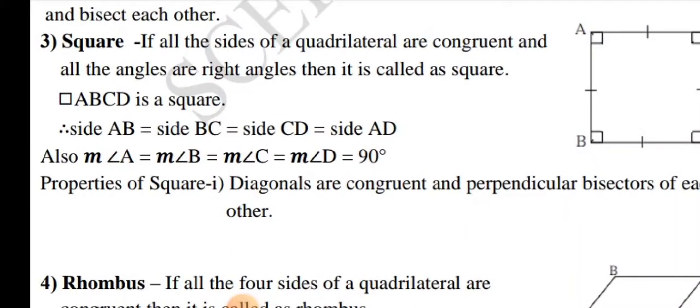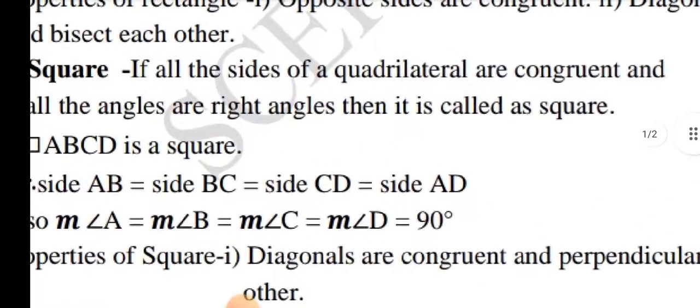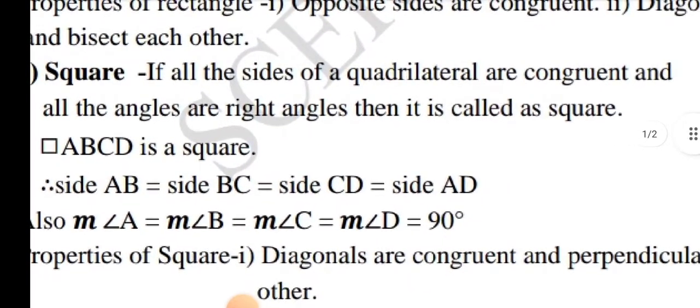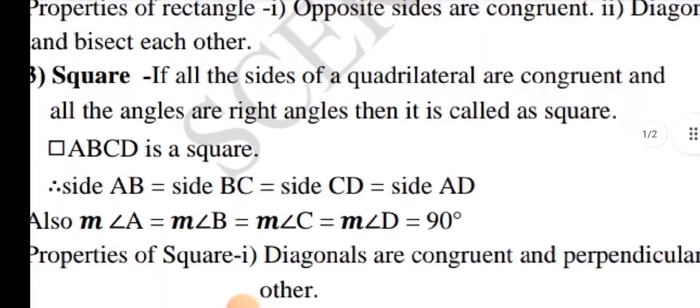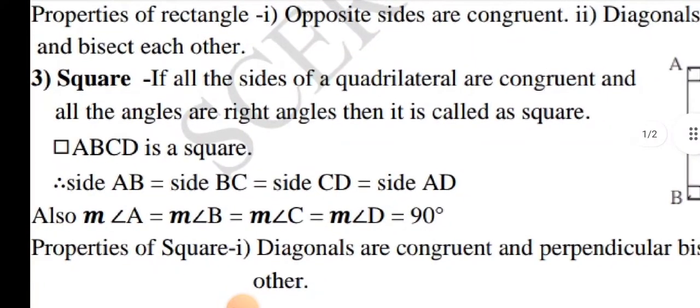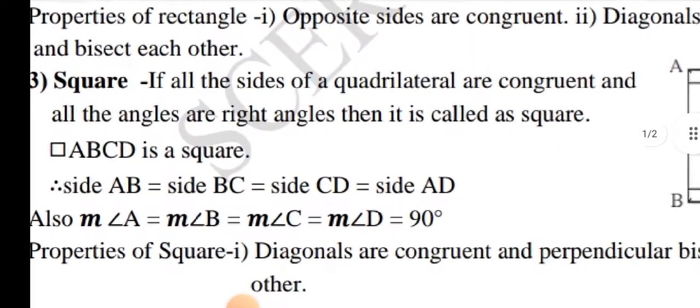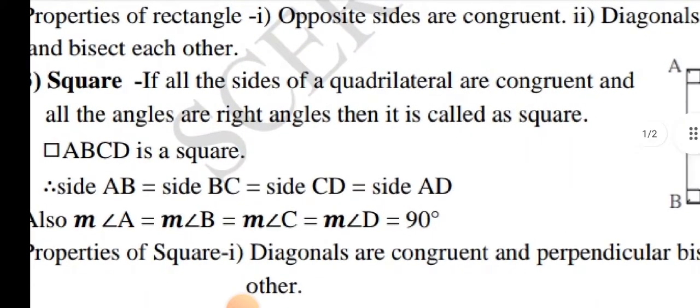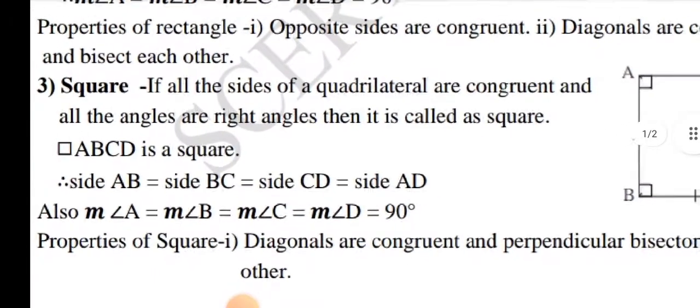If all the sides of a quadrilateral are congruent and all the angles are right angles, then it is called a square.